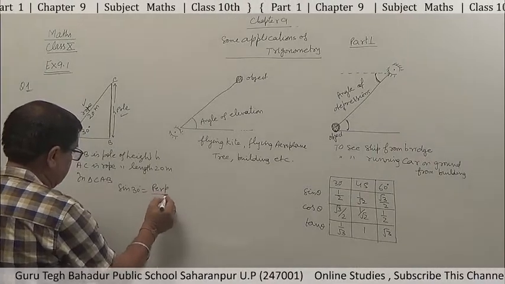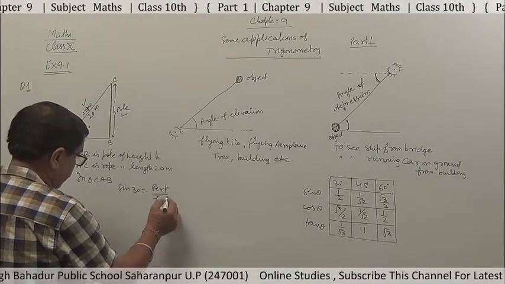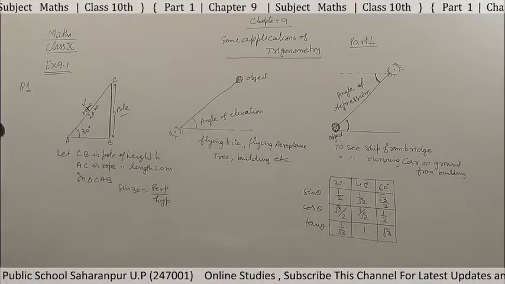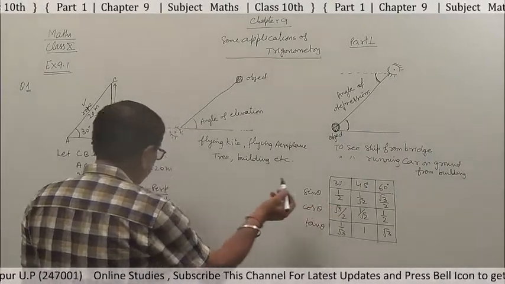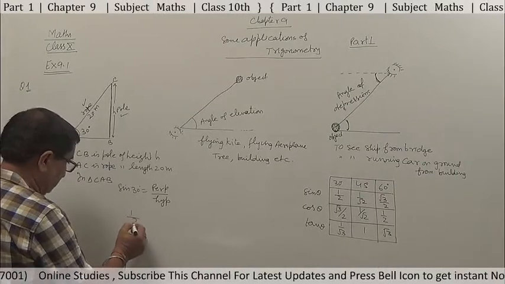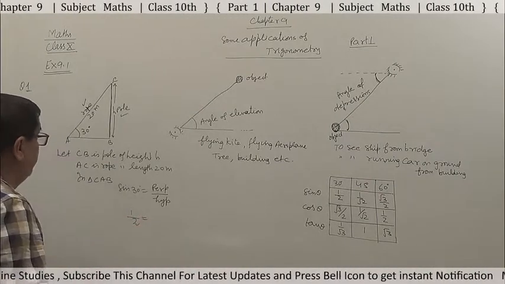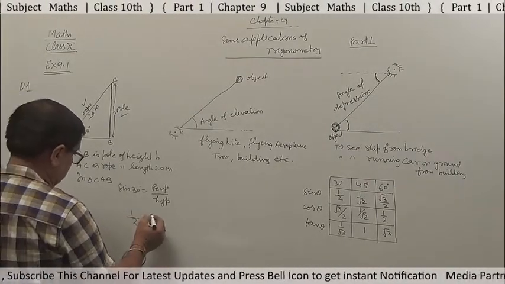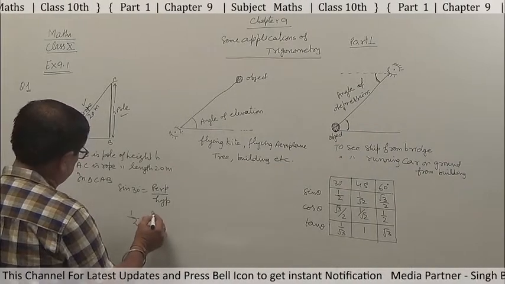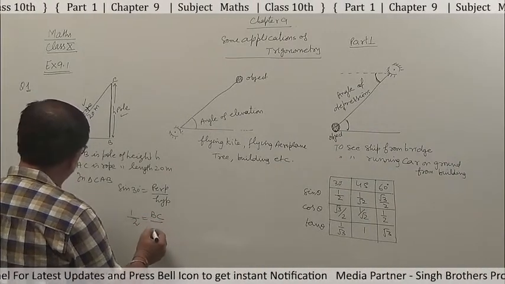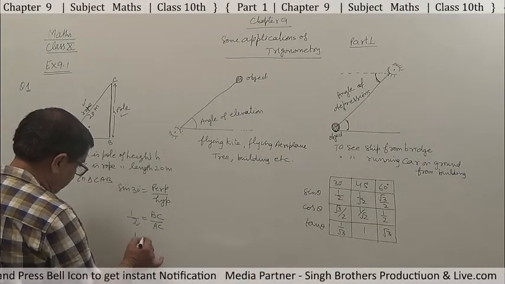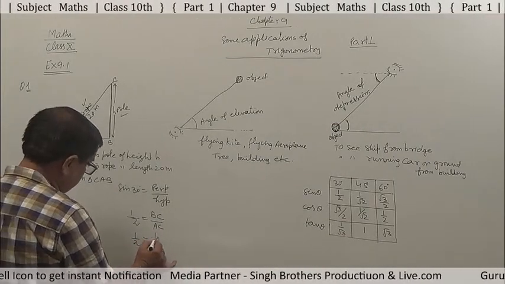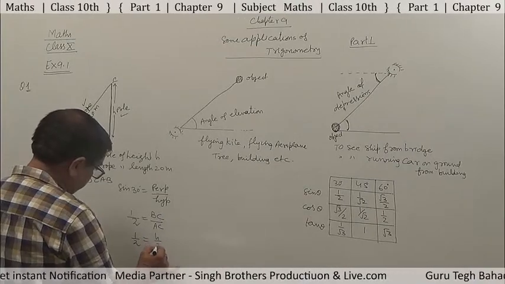Sine is perpendicular upon hypotenuse, sine 30 is 1/2. Perpendicular is BC, hypotenuse is AC, 1/2 is h upon 20.